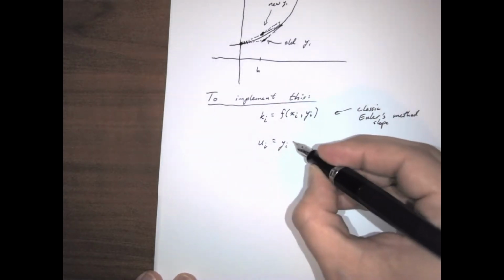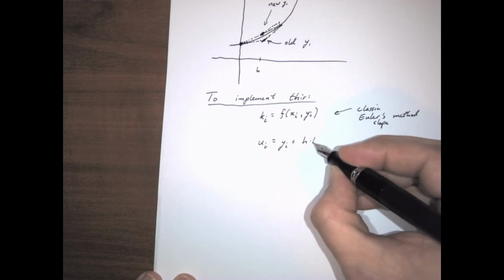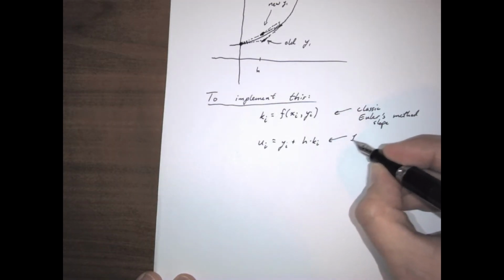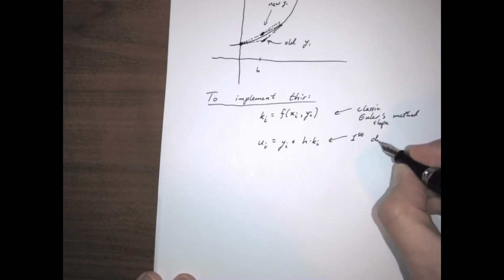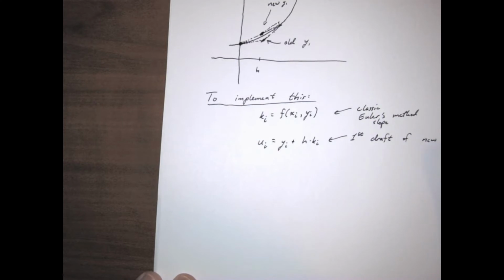So this is going to be old y value plus h times Ki. So this is the first draft of the new y value.